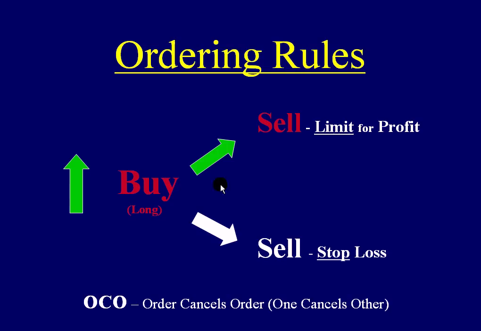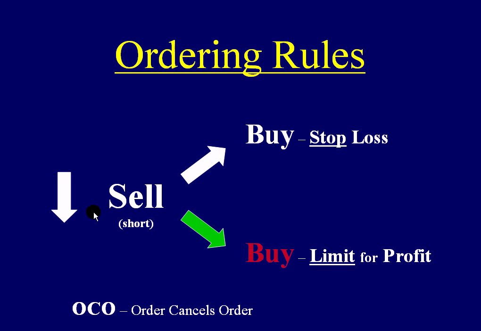That means if you are live in the market and you're long, with a protective stop and a limit for profit, then if one of these orders gets hit, the other one automatically gets deleted from your software if it is labeled an OCO order. What that does is save you from leaving an order exposed in the market that could at some future date be taken in and end up costing you money.